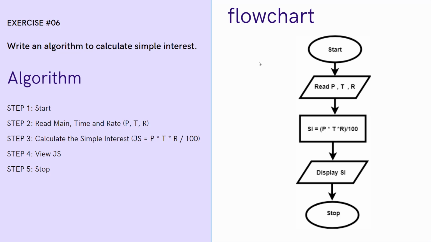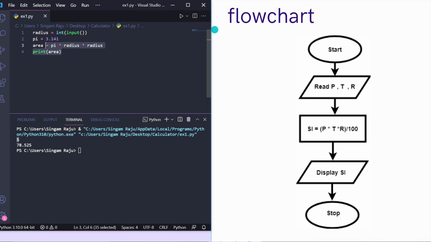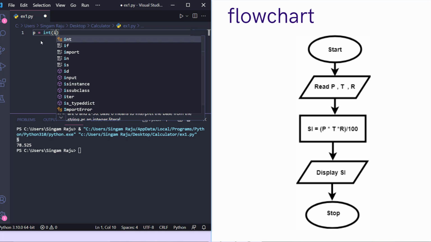Okay, here we also have one more interesting thing, calculate simple interest. I think this is the last exercise that we have. Okay, it's cool. Let's complete that within 5 minutes. Okay, be with me and do it. So first we're gonna take 3 inputs. So for you guys, I'm gonna do it step by step. So p equal to int of input.